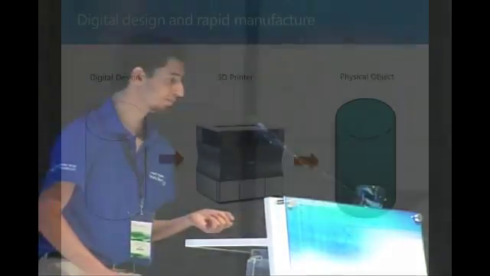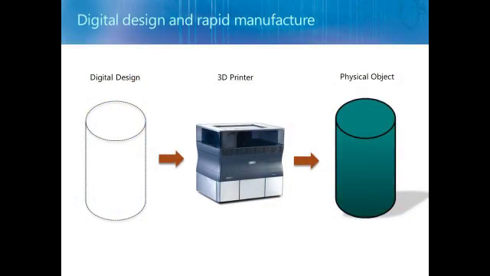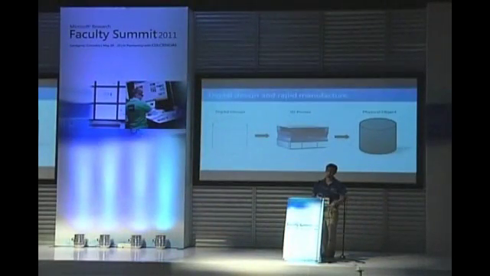So what we're really interested in are these technologies that are more and more coming online and becoming more available, which go by various names: rapid prototyping, rapid manufacturing, 3D printing. The basic idea is there's a bunch of different technologies, but you design something on the computer using a computer-aided design tool.